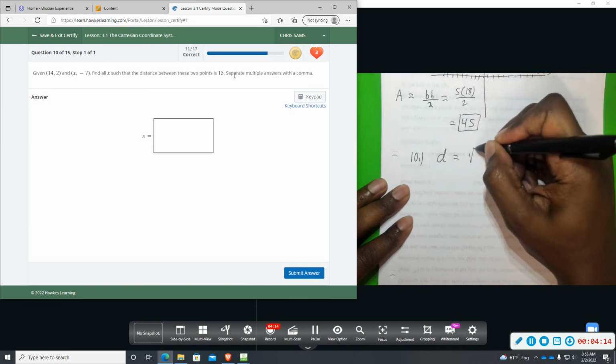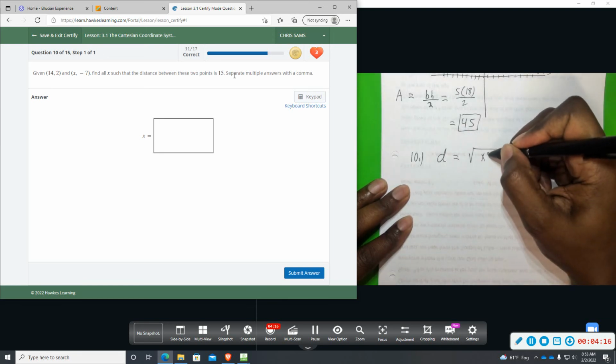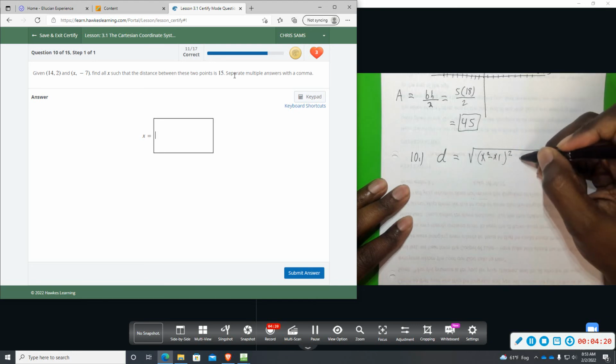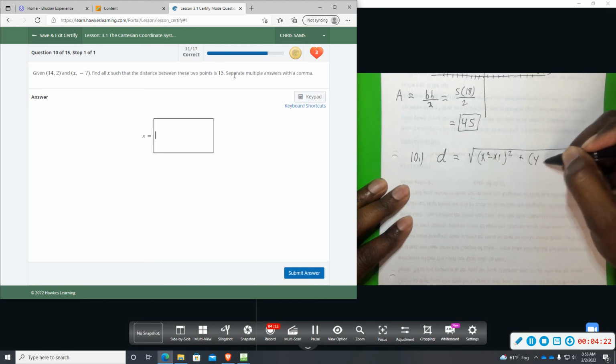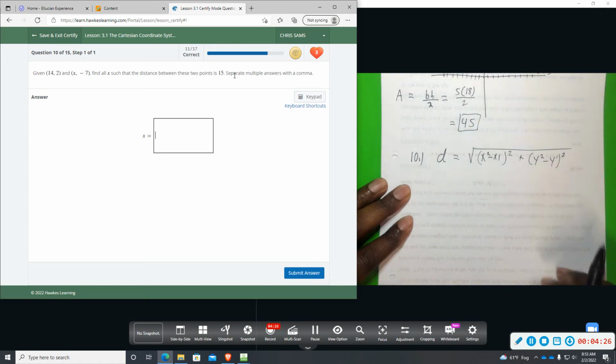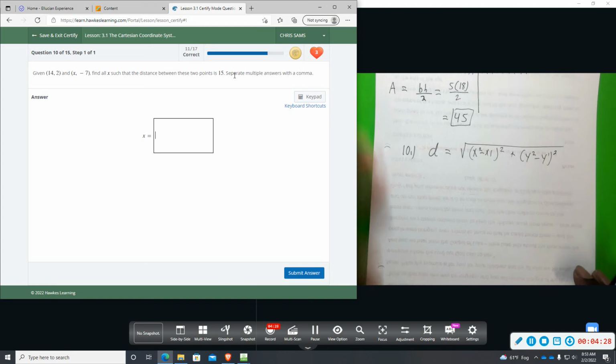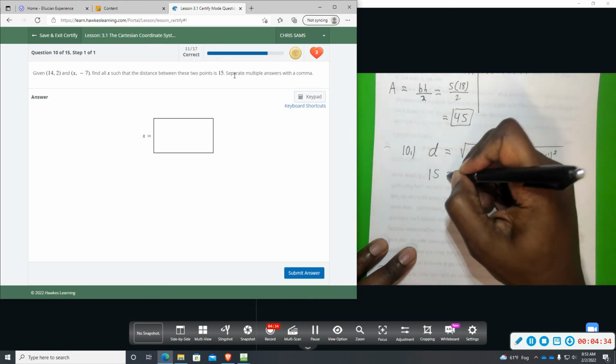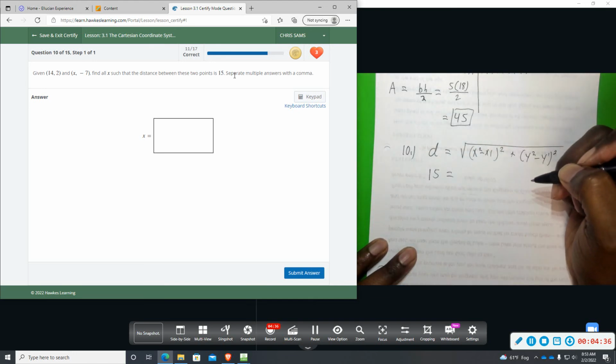Distance equals the square root of x2 minus x1, that is squared, plus y2 minus y1, and that quantity is squared. We know that the distance is 15, so we want that to be equal to 15. And then I'm going to plug in my x2, x1, and so forth.